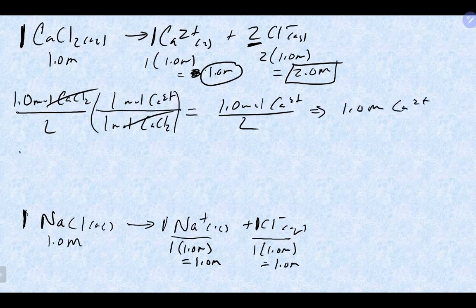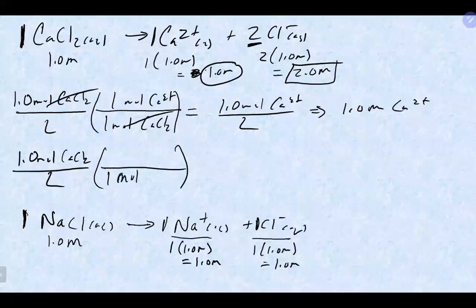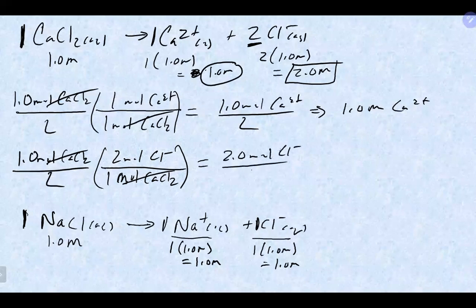We do the same thing for the chloride, 1 mole of calcium chloride per liter. Doing the stoichiometry, 1 mole of calcium chloride is 2 moles of chloride. Moles of calcium chloride cancel, gives us 2 moles of chloride per liter, or 2 molar chloride.